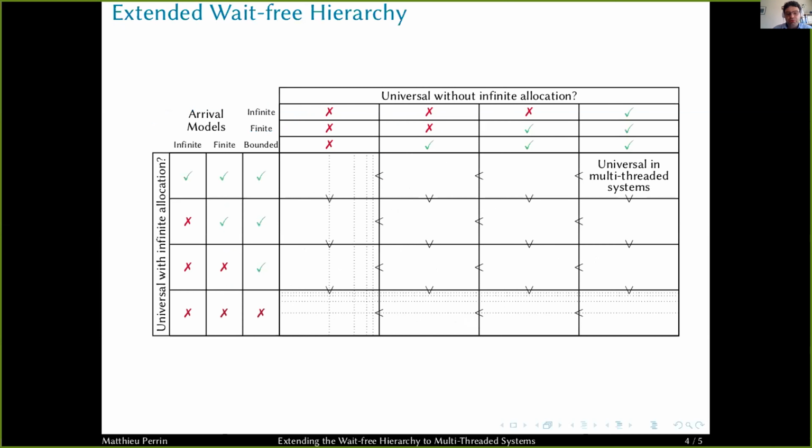We then propose a bidimensional hierarchy in which objects are sorted horizontally on their universality in models M1N, M1, M2, and M3 when no infinite memory allocation is available, and vertically on their universality in the same models enriched with an infinite memory allocation mechanism.